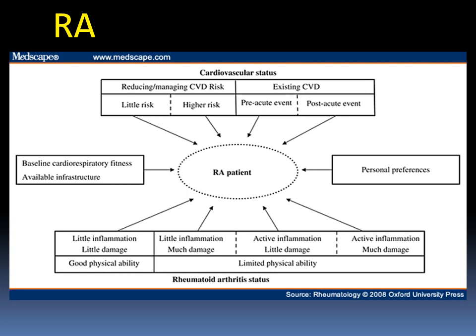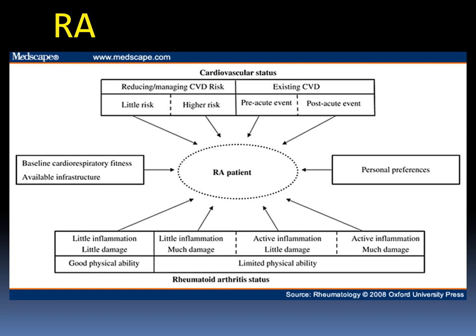If the individual is in the next phase, this active inflammation with little joint damage, they also need to have limited physical activity because they're in that acute inflammatory response, or what we call a flare-up. We need to consider or modify the exercise program, but we do not want to stop being physically active.